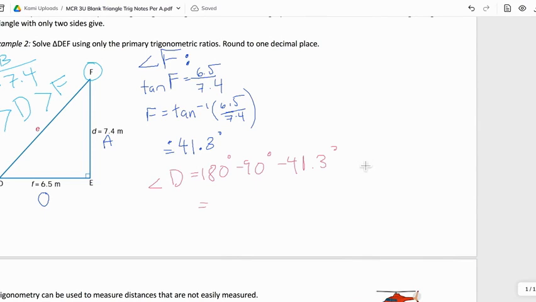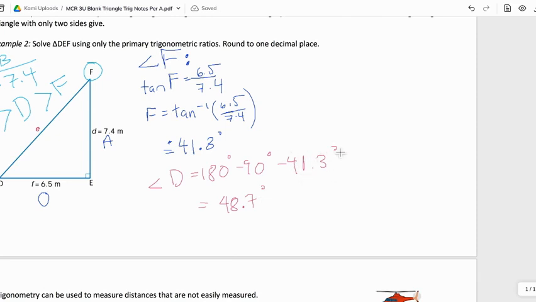Basically, you're doing 90 minus 41.3. So first think, okay, what if I round up 41 to 42? What's 90 minus 42? It's going to be 48. But then there's an extra 0.7. So yeah, it's 48.7.